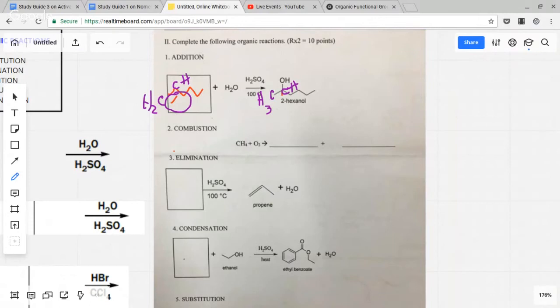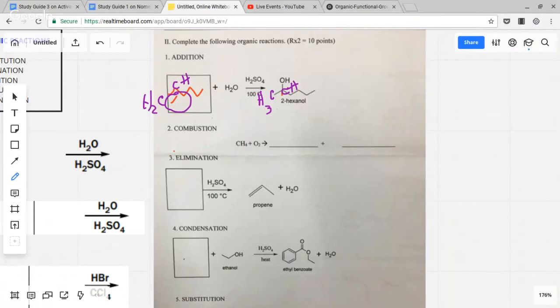I hope you got that right. Comments from the audience that I have right now. So an addition reaction is when you are converting or removing the presence of your double or triple bond to make it all single bond.